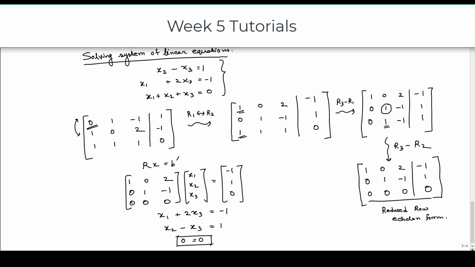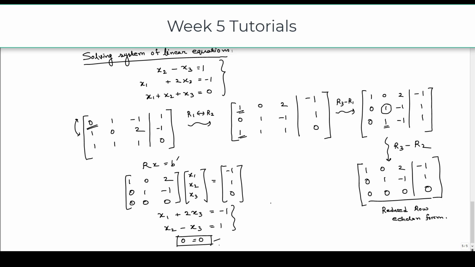So there is no absurdity as it was in the previous example where the system of linear equations had no solution. Here 0 equal to 0 is actually true. So we have two equations now.